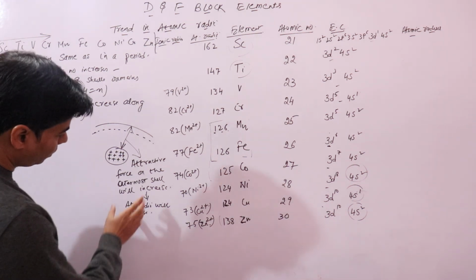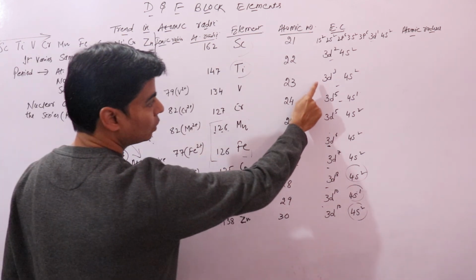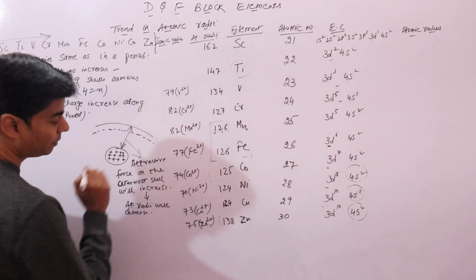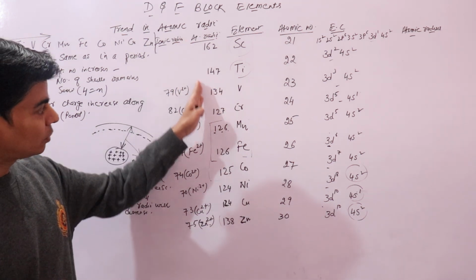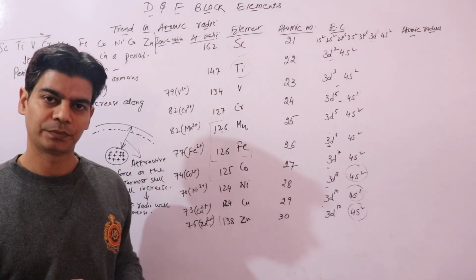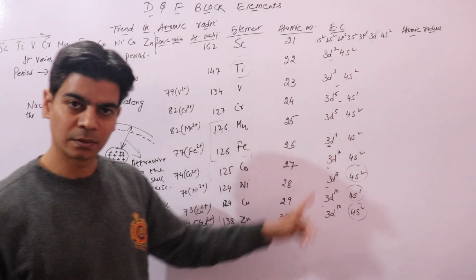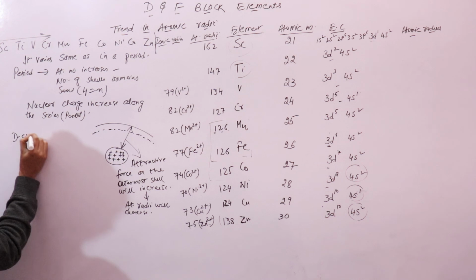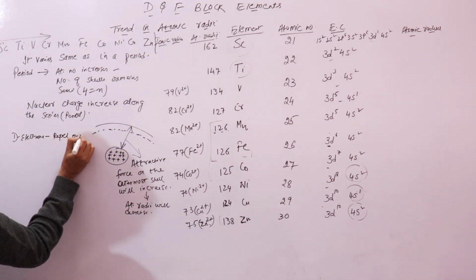So now as you move along the series, since your number of d electrons increases in the penultimate shell, right? In the beginning the atomic radii is decreasing, right? Why? Because the number of d electrons is less. Now what these d electrons are doing, these d electrons repel one another.